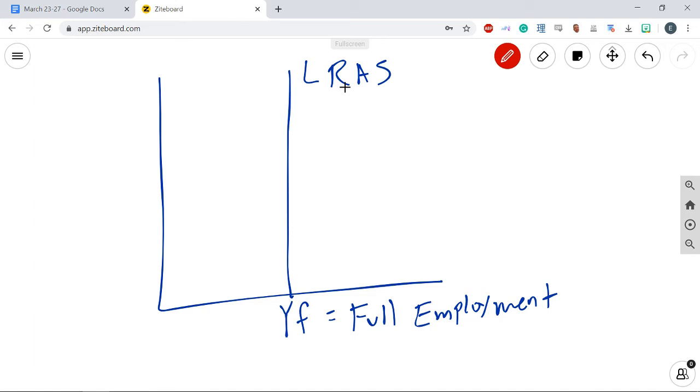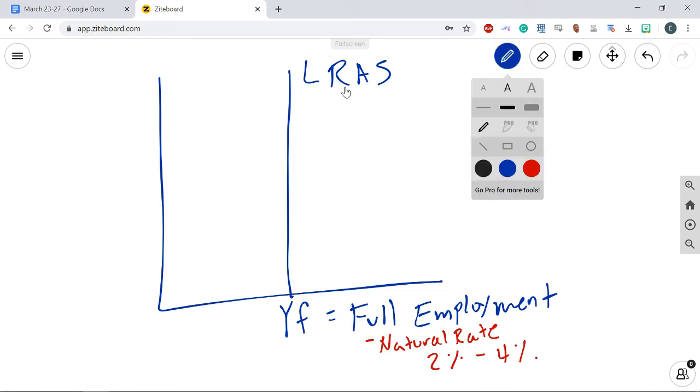And both of these together, the structural rate plus the frictional rate, you'll get the natural rate. Normally you would see maybe 2 to 4% as an estimate. So full employment really means that there is around 2 to 4%.